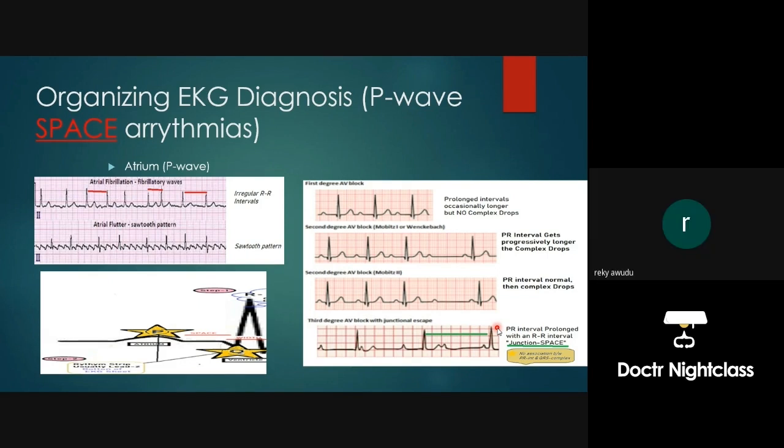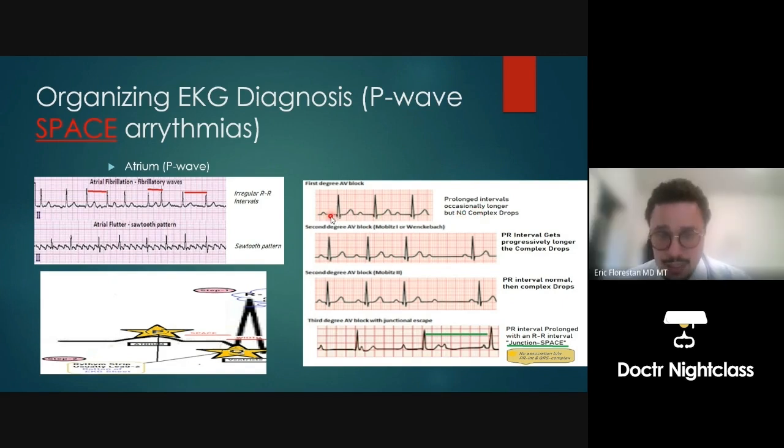Hey, Dr. Eric, on the first degree block, you just say prolonged intervals occasionally. I know it's prolonged PR. Yes, exactly. They call it a PR interval, the space between P and the QRS complex. This is basically the depolarization of the SA node, and this is the depolarization of the AV node.